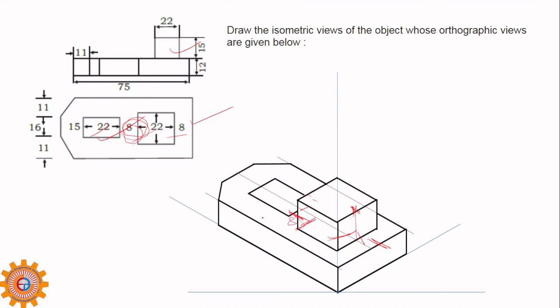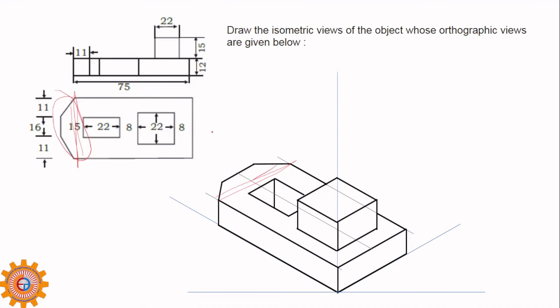Then you have to draw. Whether it is fully visible or not visible, you will come to know what is what. So that has to be shown. If you clearly observe, okay, understand? So this part is this. This part is this.